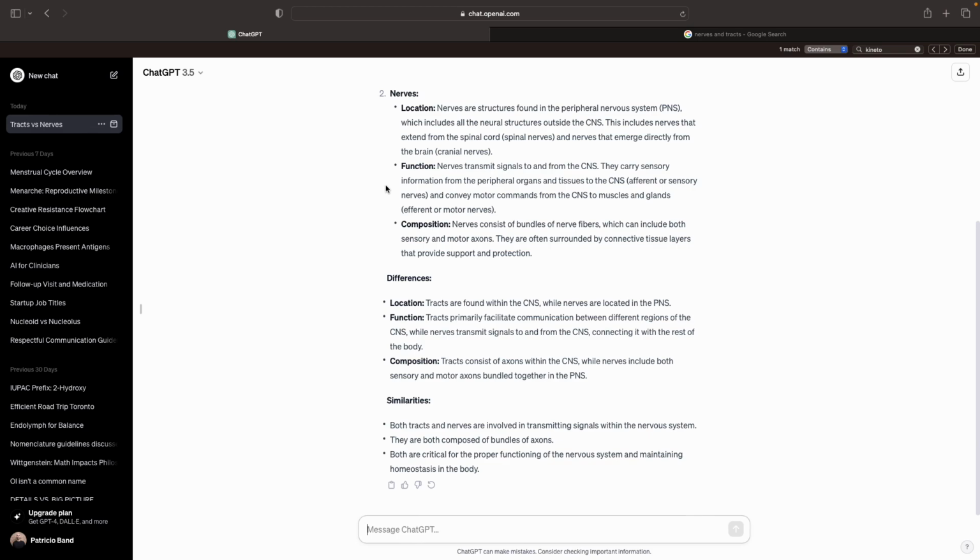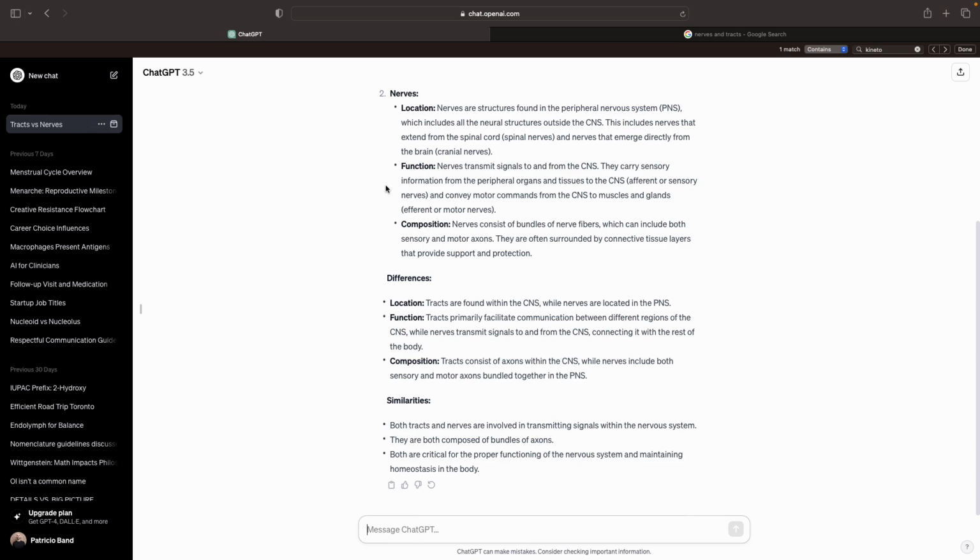And tracts consist of axons within the CNS, while nerves include both sensory and motor axons bundled together in the PNS. So again, tracts are only axons, but nerves are both sensory and motor axons bundled together.